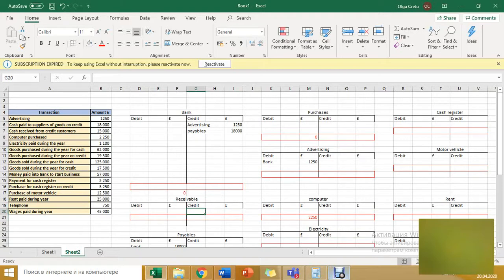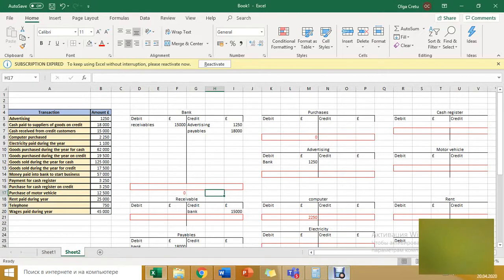We said we're going to place it under the credit, 15,000, and then under the bank account it's going to go under the debits, 15,000, right? Because there's some money that goes in.